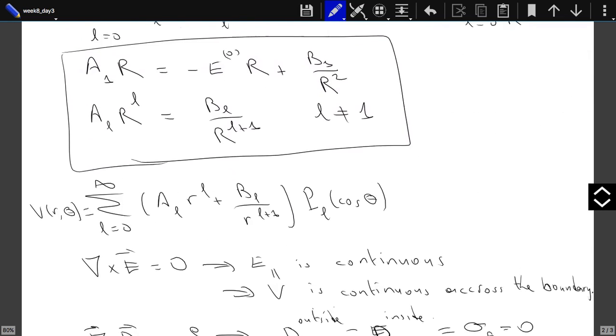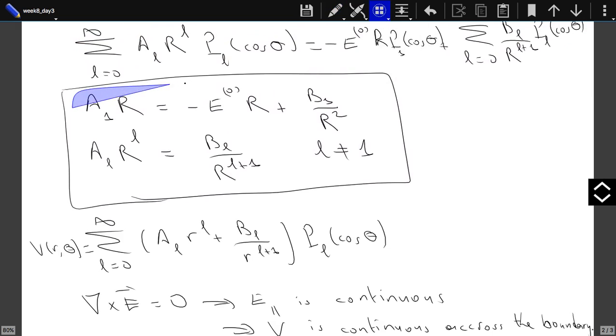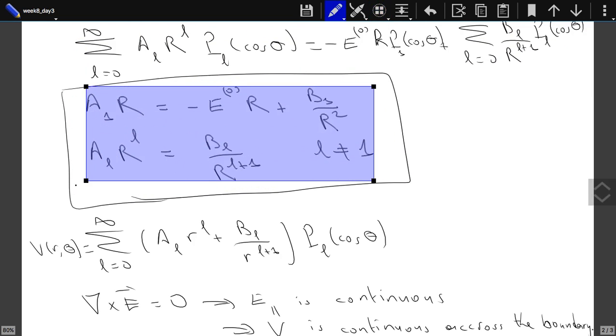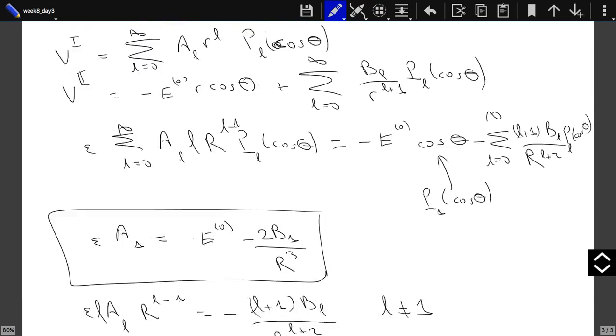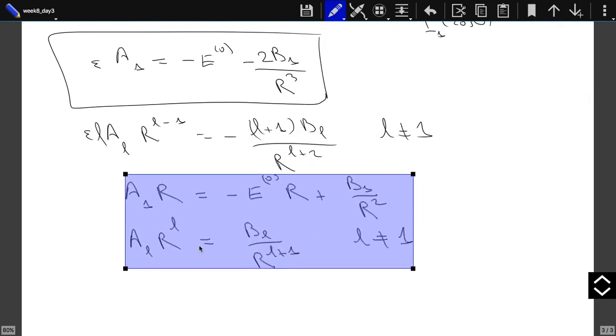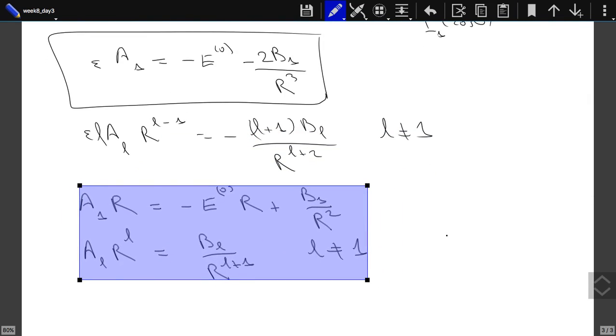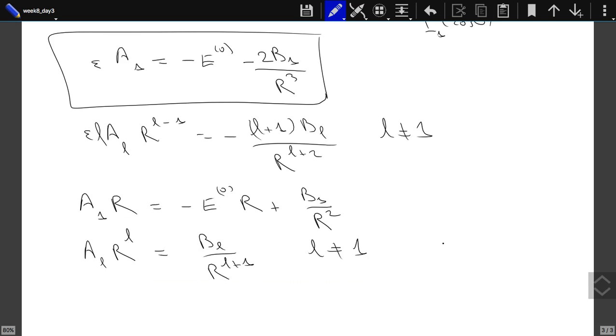We had these two previous equations. Well, look at this equation over here, the last one, and the second one above. Well, this basically tells me that A_L and B_L have the same sign.